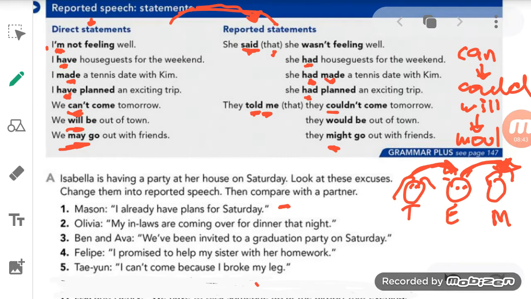What is happening here? I already have plans for Saturday. It is simple present. In that case, you have the verb have in present. When you transfer the information, you only need to change the verb have to the past. And then you would say, she said she already had plans for Saturday, and finish.